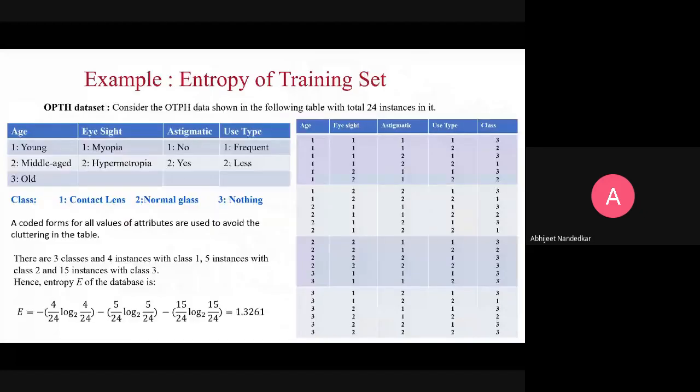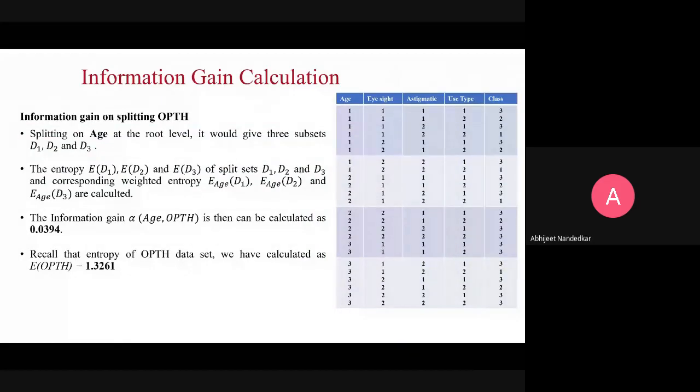Now let us see our earlier problem. So this is my complete data set D. Entropy was 1.3261. Now, what we can do is we start splitting the table.